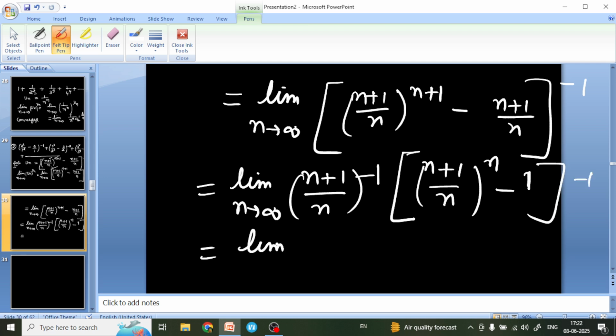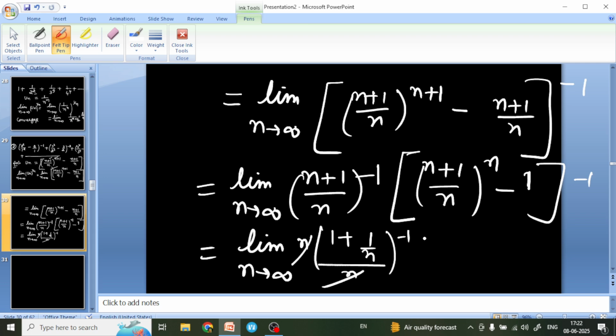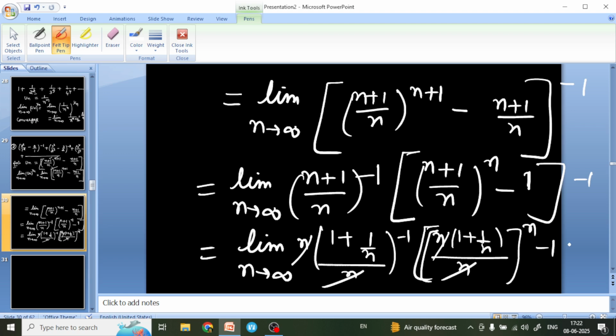Now limit n tends to infinity, take n common: 1 plus 1 by n over n, this n cuts with this n minus 1, and also here 1 plus 1 by n over n cuts with n, power n minus 1 whole power minus 1.